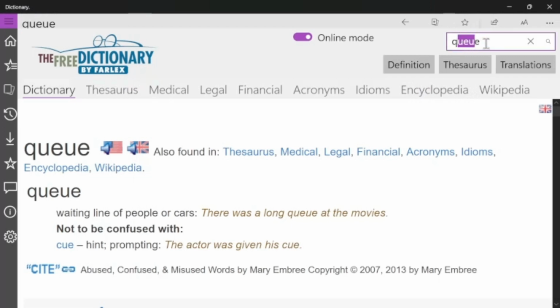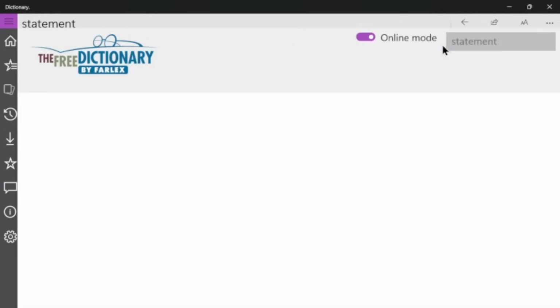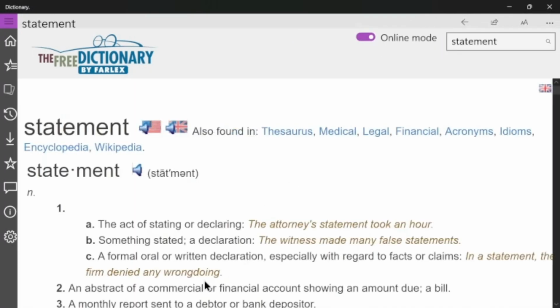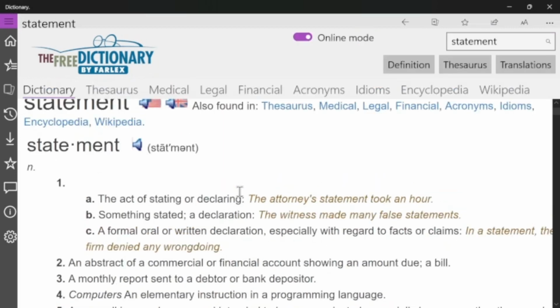Let me see the definition of statement. The act of stating or declaring. So state is a verb, to state or to declare. Also declare. Okay? Something stated, a statement is also the noun. So what was stated is also a statement. A declaration is the other version. This is also a noun, declaration.